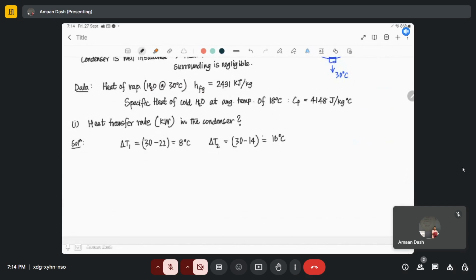So now we can calculate the log mean temperature difference.